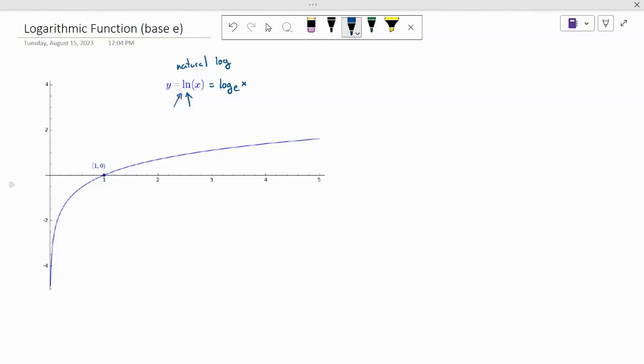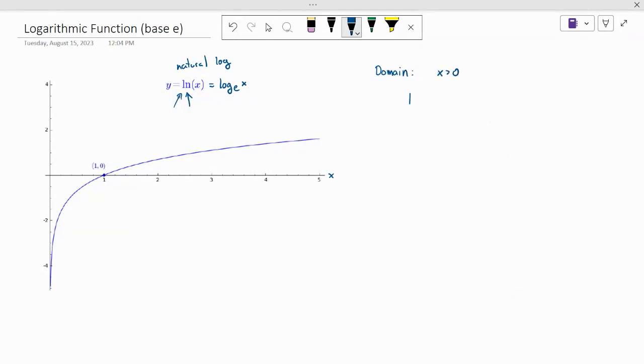All right, so again, if you know this graph, what can you say about the domain of log? Yeah, the domain is all positive numbers. The graph only exists for x's which are positive, strictly greater than 0. So the domain is where x's are.